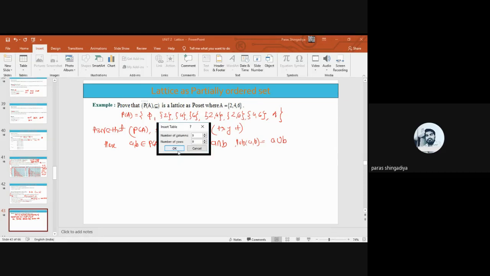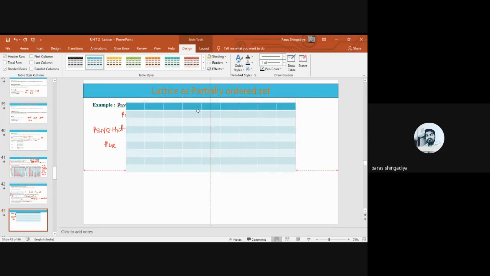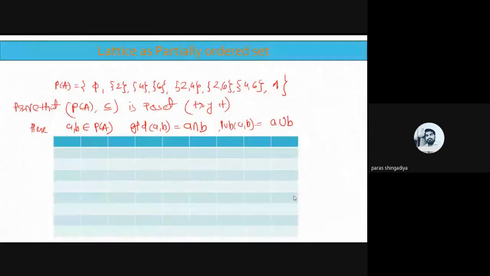Here what we have to derive is A intersection B. Write all the entries in each column: the empty set, {2}, {4}, {6}, then {2, 4}, {2, 6}, {4, 6}, and A itself. The same you write in each row.